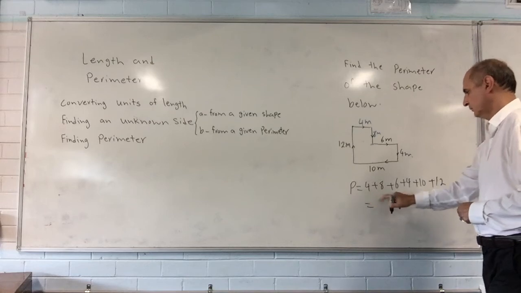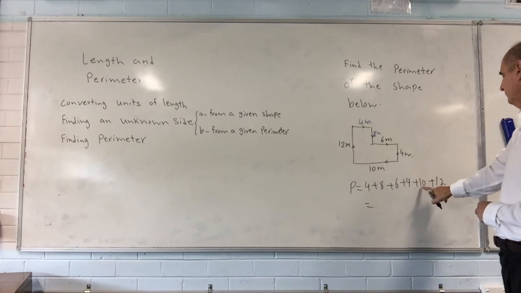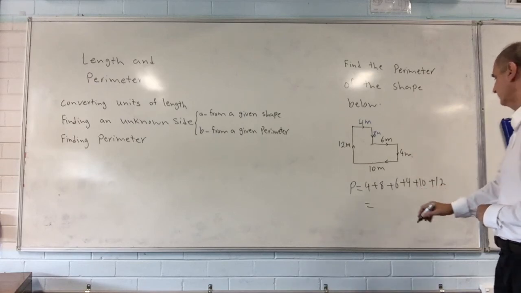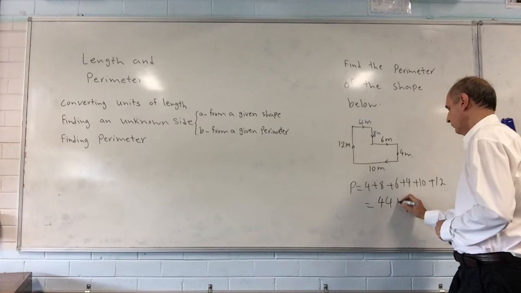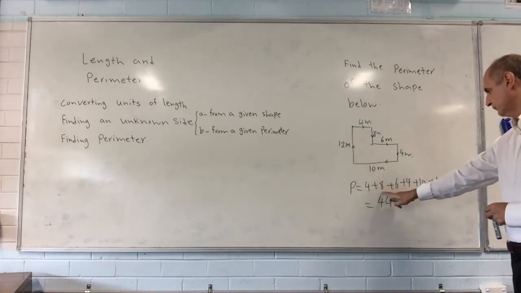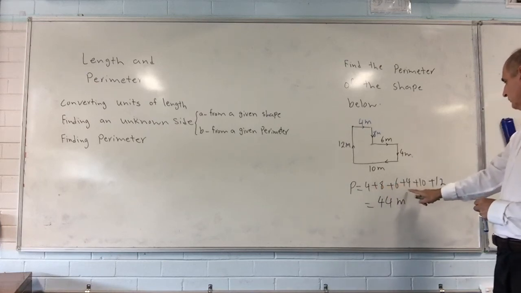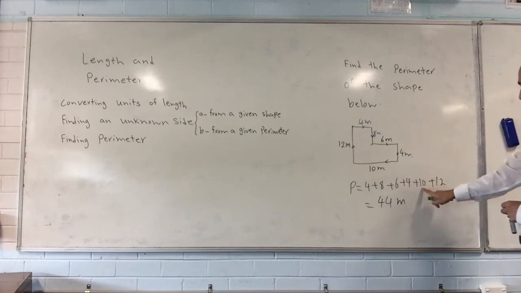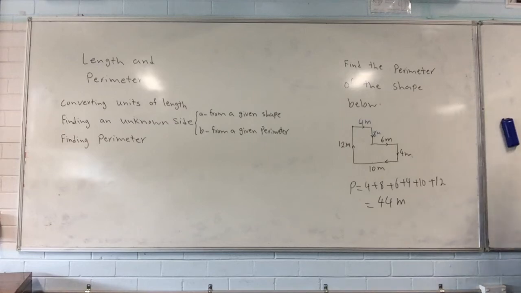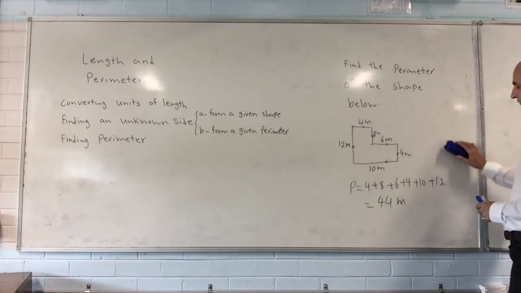So this is altogether 4 and 8, 12, 12 and 6, 18, 18 and 4, 22, plus 10, 32, plus 12 is 44 meters. Just double check it. 4 and 8 is 12, 12 and 6, 18, 18 and 4, 22, 10, 32, and 44. That is the perimeter of this shape. As you notice, we need to first work out the missing side.